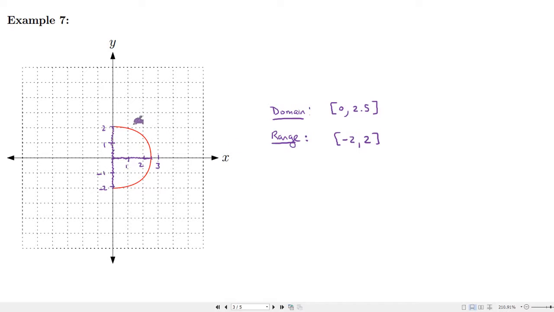Well, it doesn't pass the vertical line test. I could draw this vertical line here at x equals 1, and that hits the curve in 2 points, and that's bad. So this fails the vertical line test, so it is not a function.